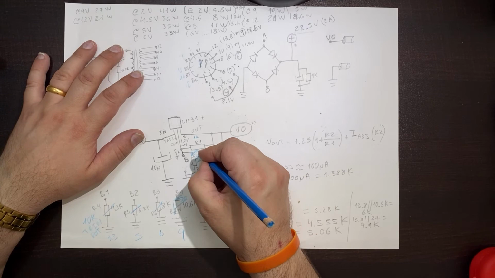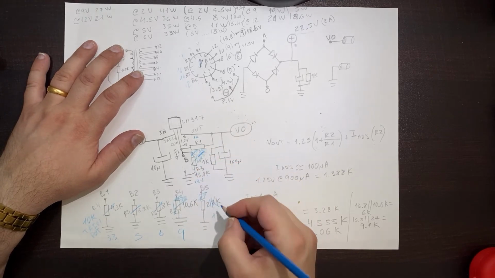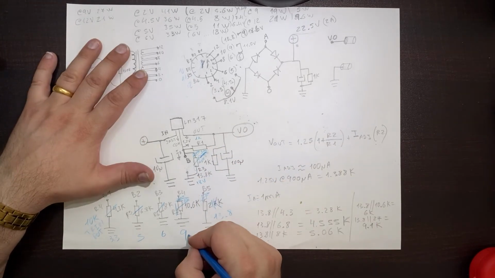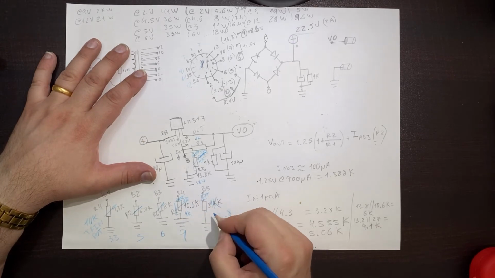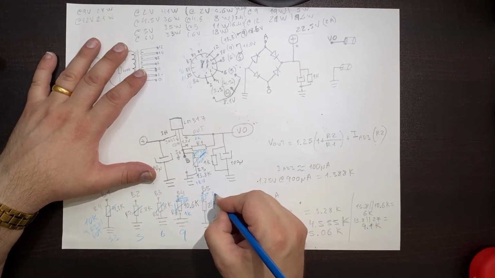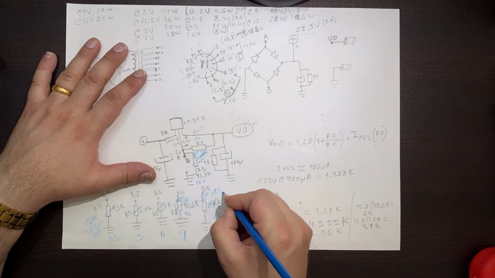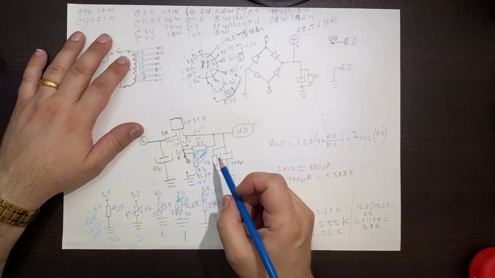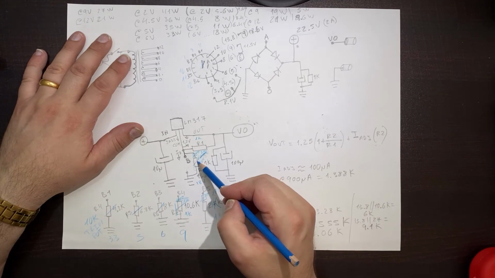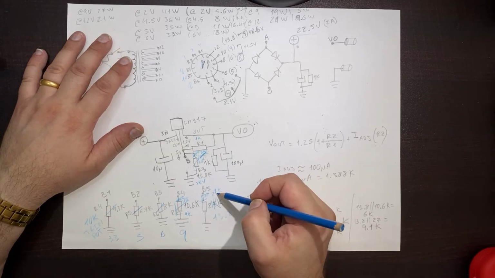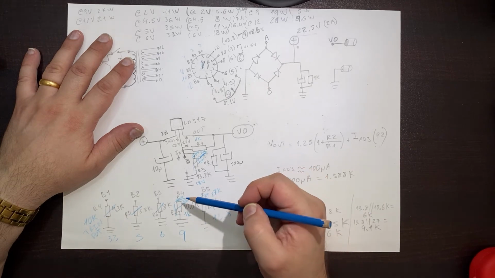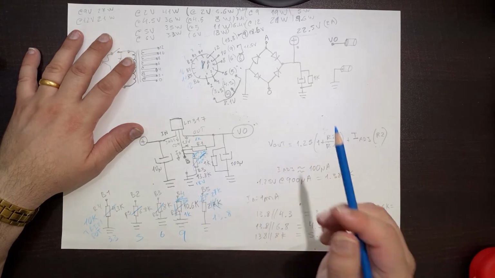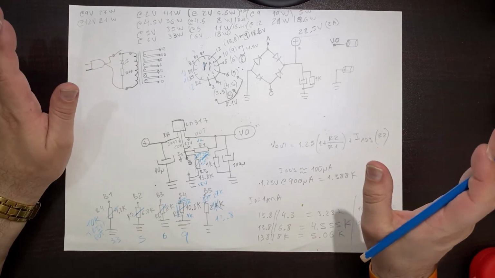This is 10K plus 33K. It was right. For 9 volts I have 1K here and the pot, and for 13.8 I have 27K and the pot. That's it. 33K in series with the pot, 27K and 1K for the 9 volts.